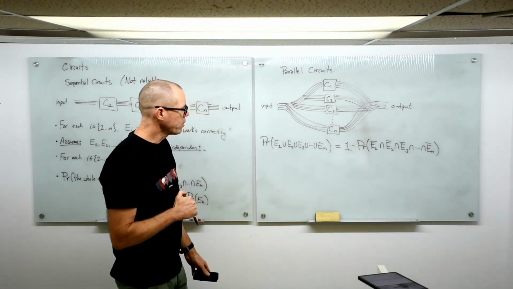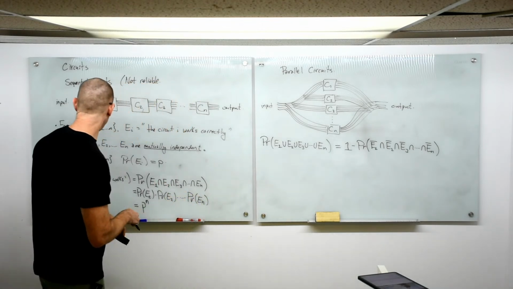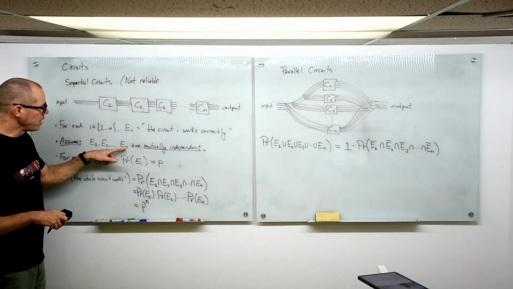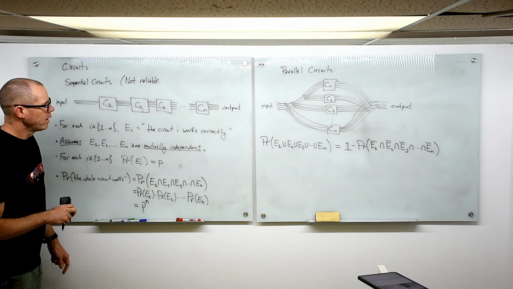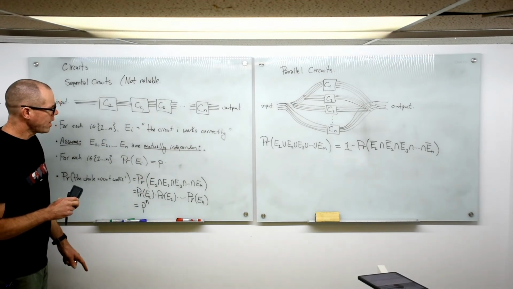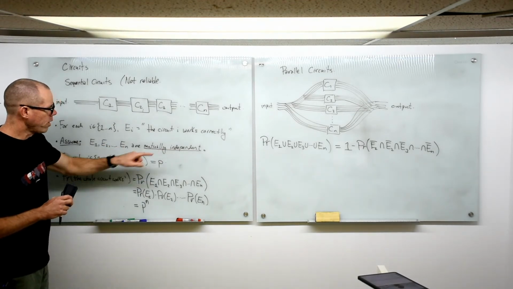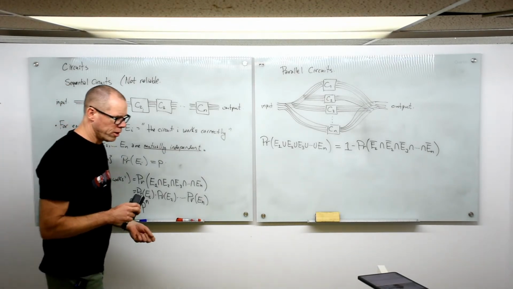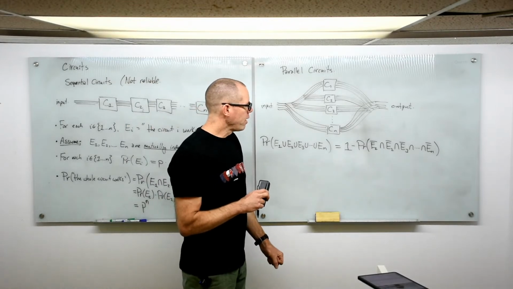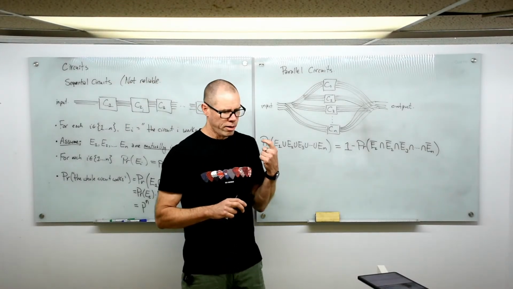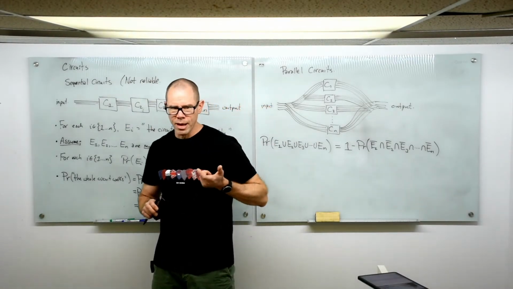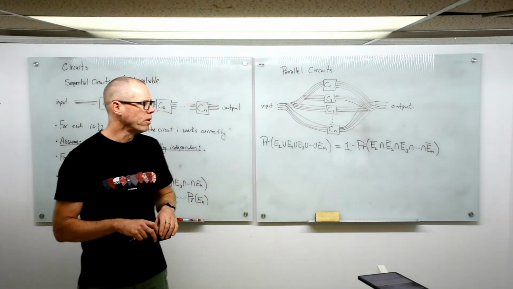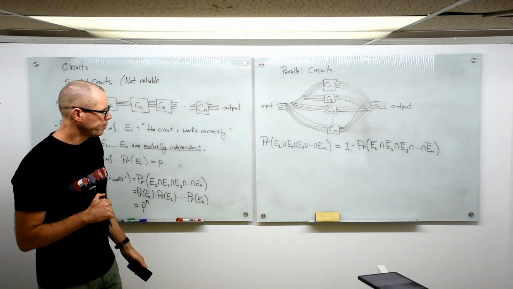But again, in this case, we assumed that the events E1, E2 up to En are mutually independent. And we said, although we didn't really talk about it for mutual independence, but certainly for normal pairwise independence, that if E1 and E2 are independent, then not E1 and not E2 are also independent.